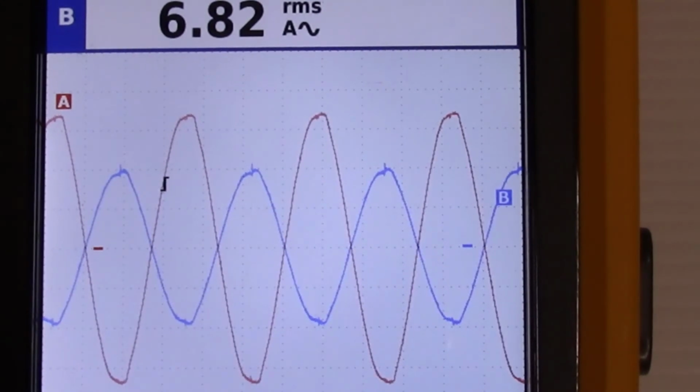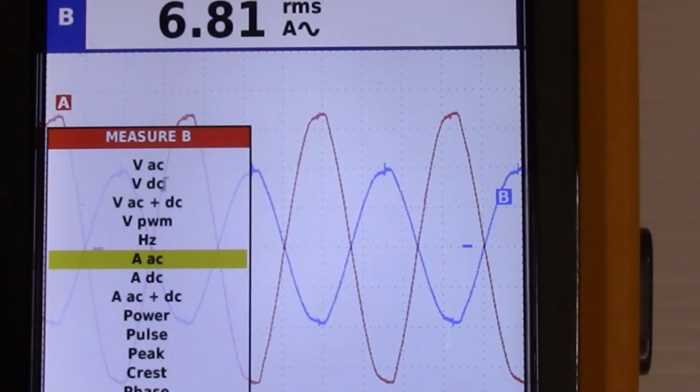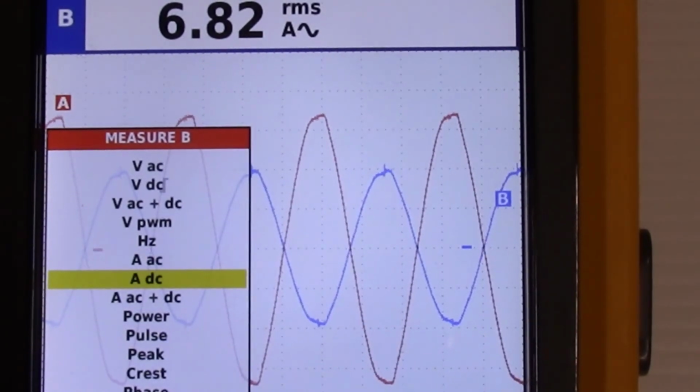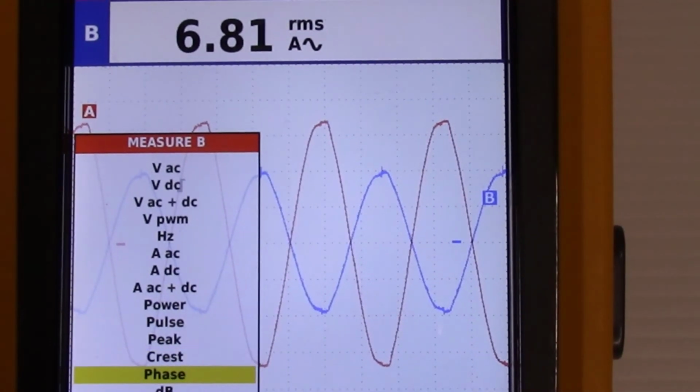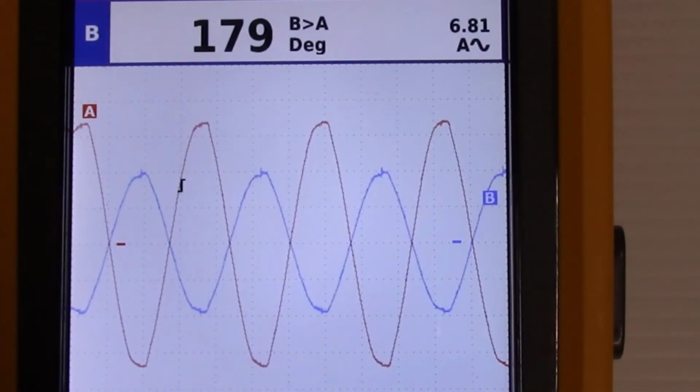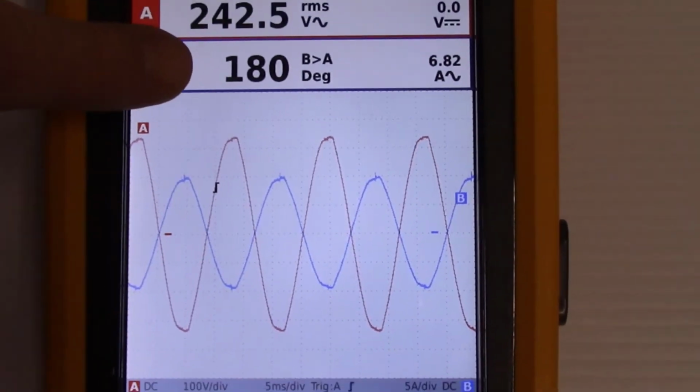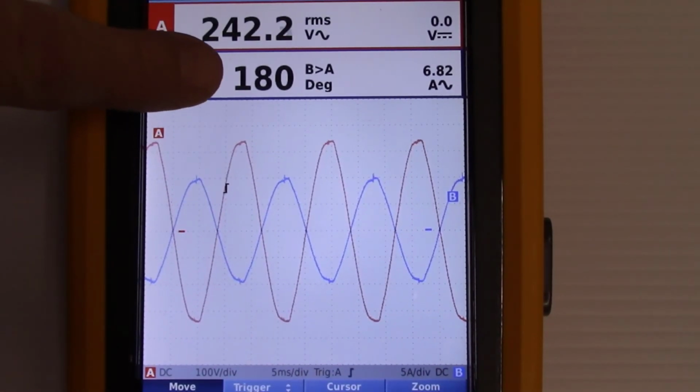I'll go into the scope meter. I set up measure B, and I tell it to look for angle, or what's known as phase. So I'll go down to phase, and it's telling you that it's 180 degrees out of phase.